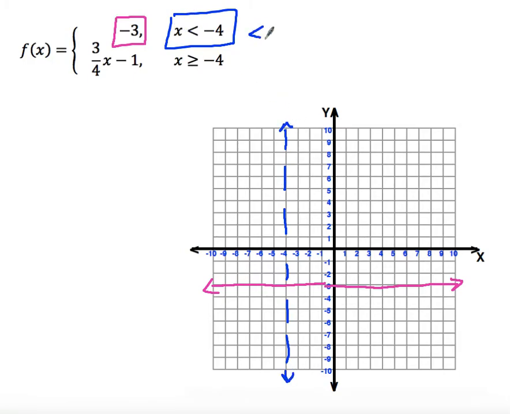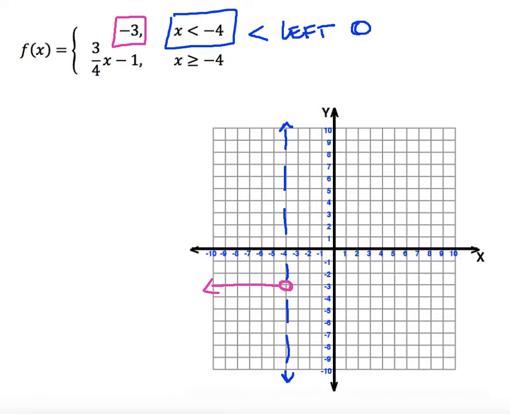And since it's a less than, I need to stay to the left, and I need to have an open circle wherever it would hit that fence. So I'm going to erase all the stuff to the right. And then where my pink line would hit the fence is right here, and I need to have an open circle there.